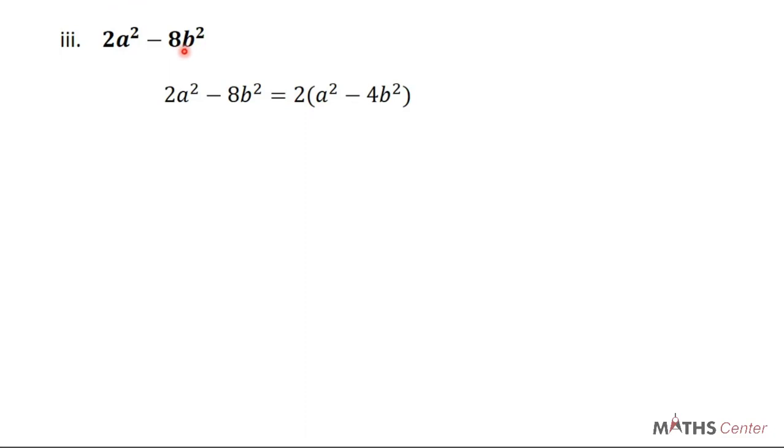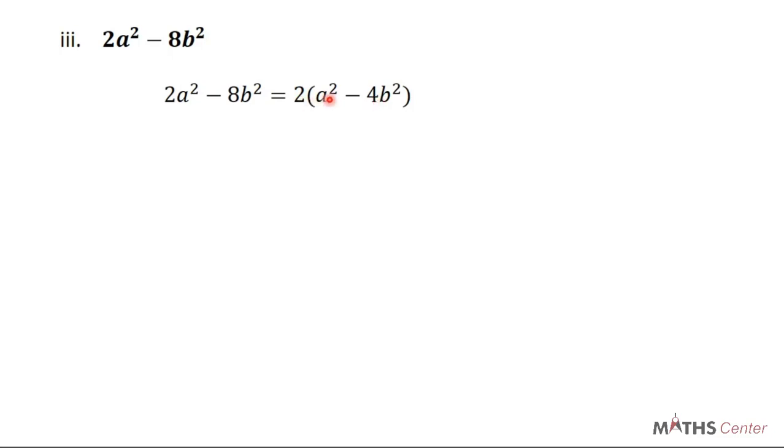Here used to be 8b squared. We factorized 2 out, so here will be 4b squared. Remember, we've taken 2 from the 8, so we must get 4, so that 2 times 4 will give us 8, because 8 divided by 2 gives us 4.